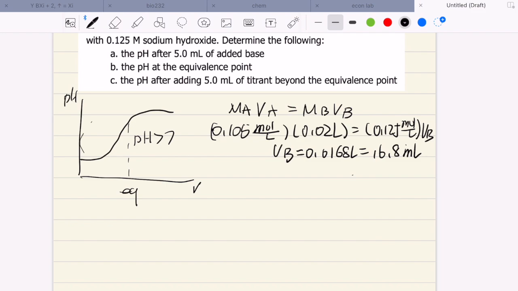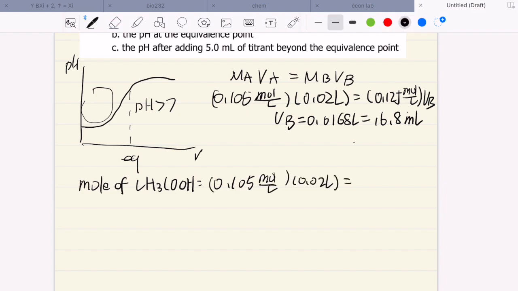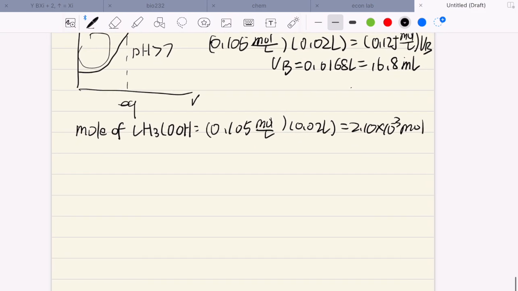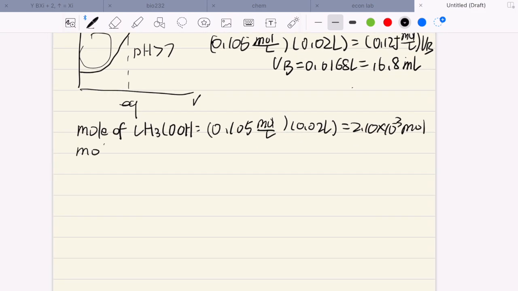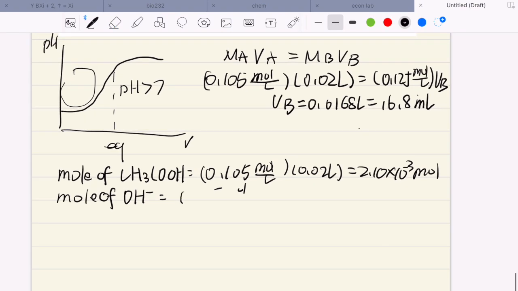we need to determine the pH before the equivalence point. So we calculate the moles of the weak acid by using this formula, the concentration multiplied by the volume, and we can get the moles of weak acid. And then we also calculate the added strong base by using a similar formula.